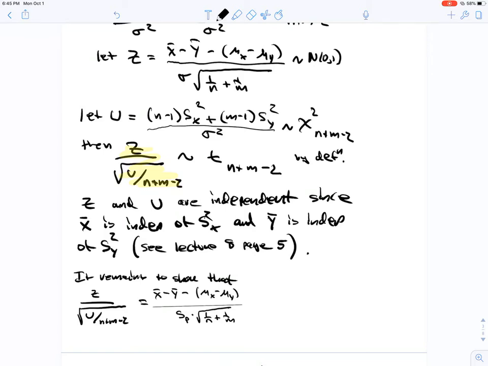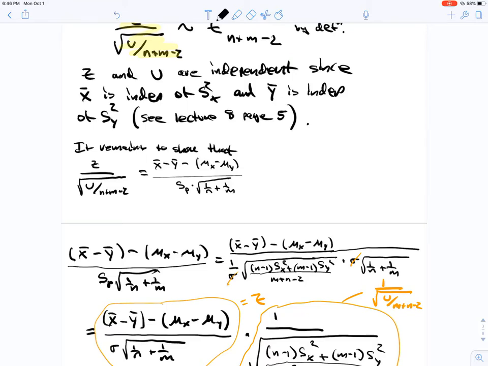Just to verify that, the reason that z and u are independent is because the sample mean and the sample variance are independent for x and y, and that's something we mentioned in lecture 8 on page 5 if you want to review that now.